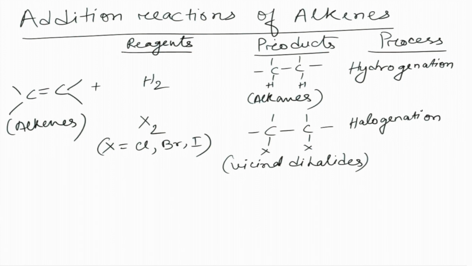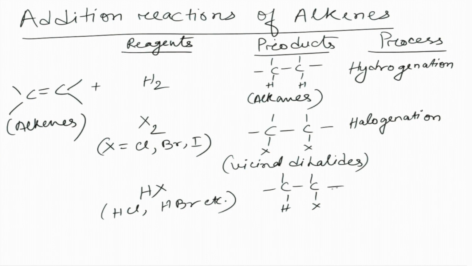Okay. Now, if alkenes add with HX, that is halogen acids like HCl, HBr, etc., then they form alkyl halides. Alkyl halides.